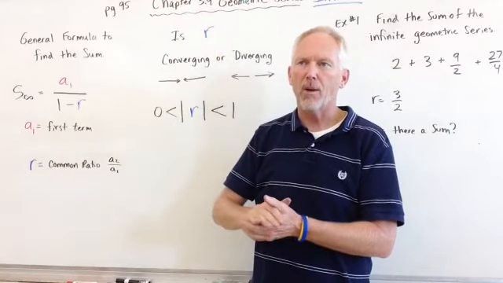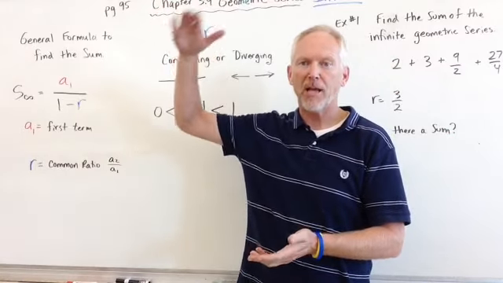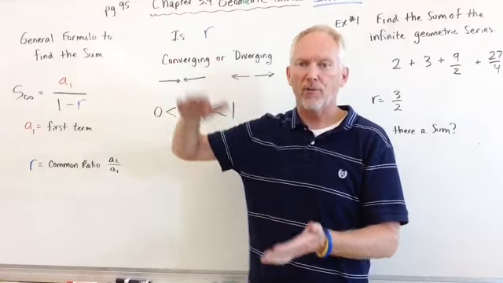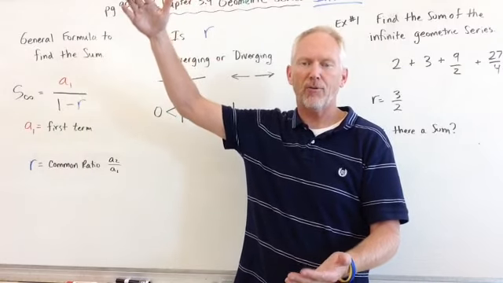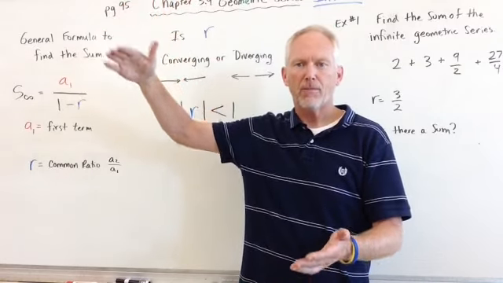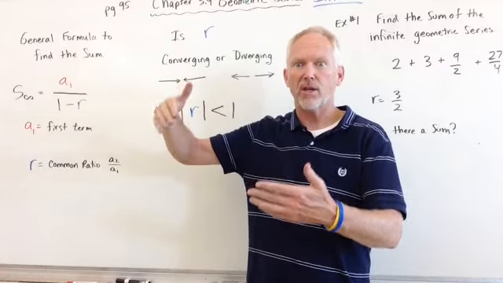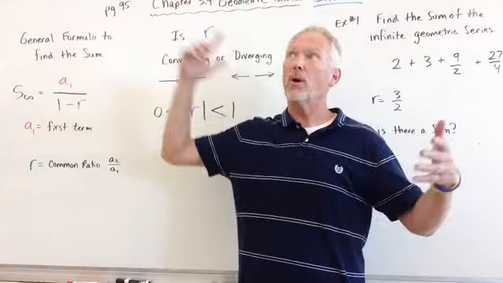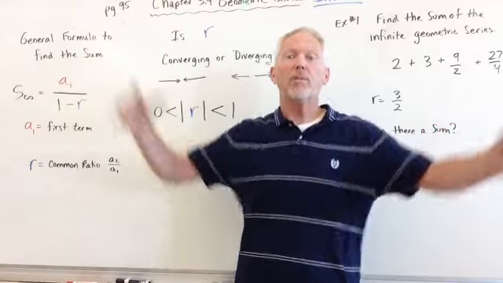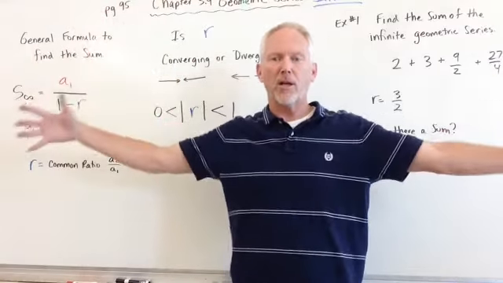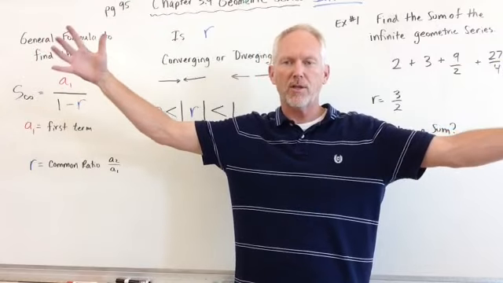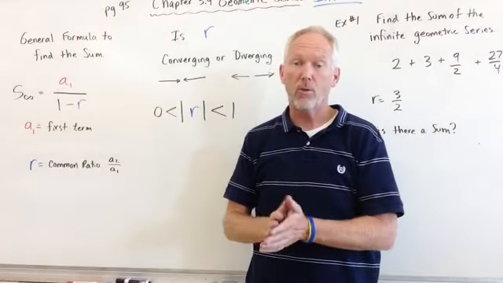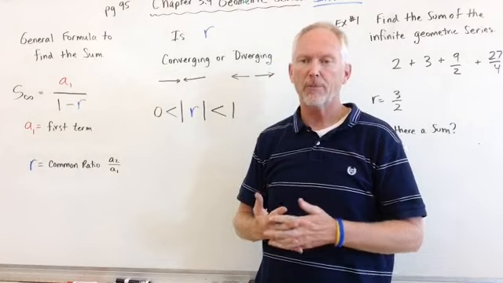If a number grows exponentially, we can't ever find a sum. If it goes 2, 4, 6, 8, we're getting bigger and bigger numbers, expanding the universe with these giant values. Well, we don't want to do that. We can't find a sum that way.